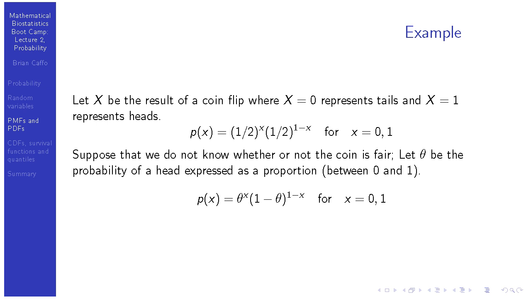I also want to note one other thing. Among all the possible ways that we could have written out this probability mass function, why did we choose theta to the x, 1 minus theta to the 1 minus x? There are lots of different ways we could have done this. You can try and figure some of them out yourself. Well, it turns out, and we'll discuss this at length, that in probability, multiplying is very useful. And so we want probability mass functions that make multiplication very easy.